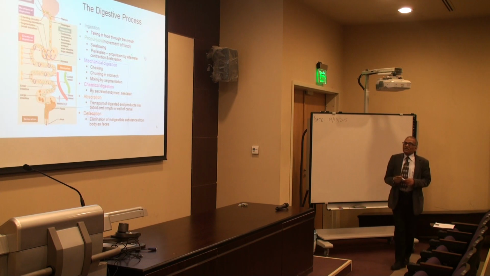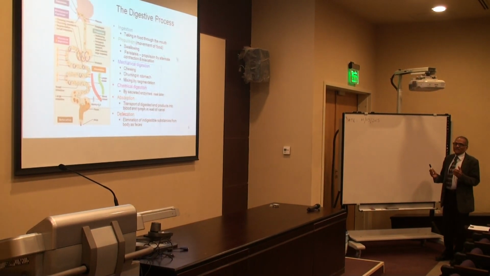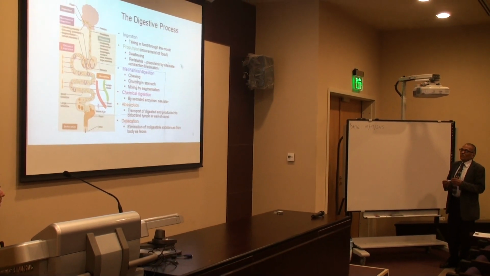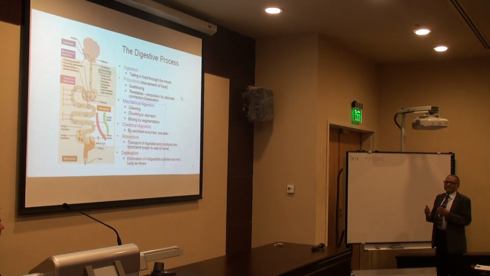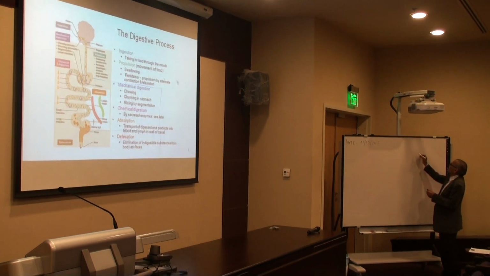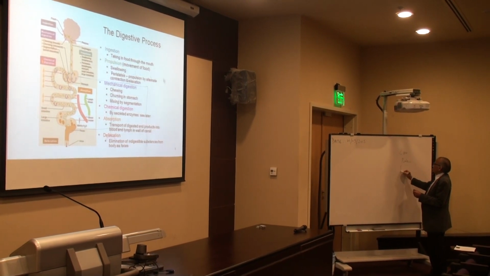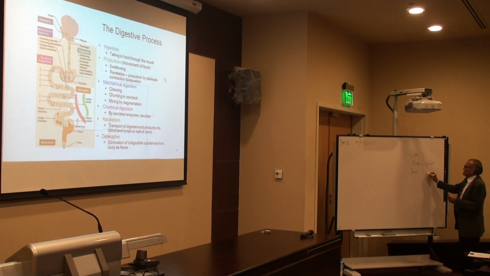Now the whole of the digestive process, before we go to the different parts: the main function is to digest what we take in and provide us with the nutrition that we need for our metabolic activities. So this process basically digests the food, and food is taken in the form of different chemicals like carbohydrates, proteins, and fats, along with a quantity of water.